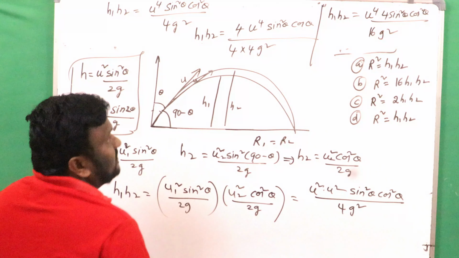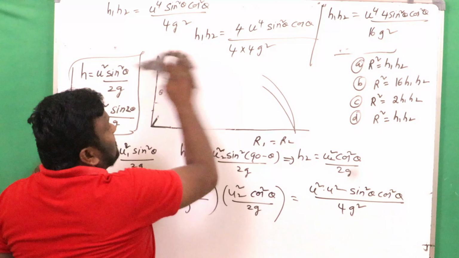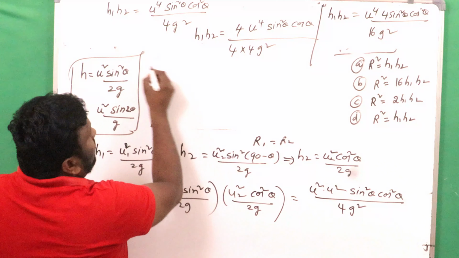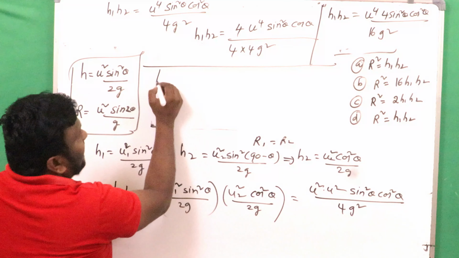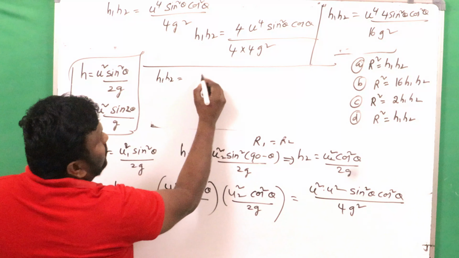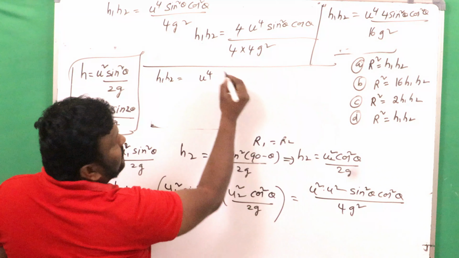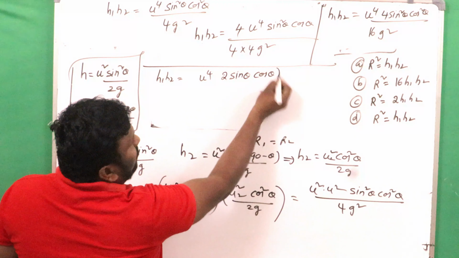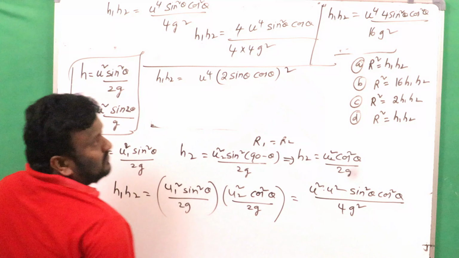We need some space, that's why I am erasing this. Then h1 h2 is equal to u to the power of 4 and that can be written as 2 sine theta cos theta whole square.